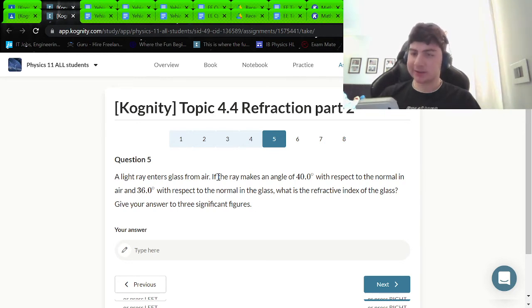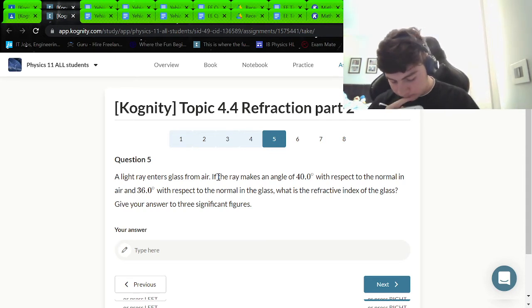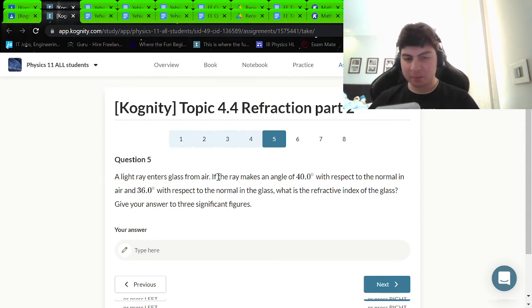So sine 36 divided by this, so like a big weird number, and we're going to get 0.914. So 1 over N2 is equal to 0.91 and so on. Do we divide that by 1?